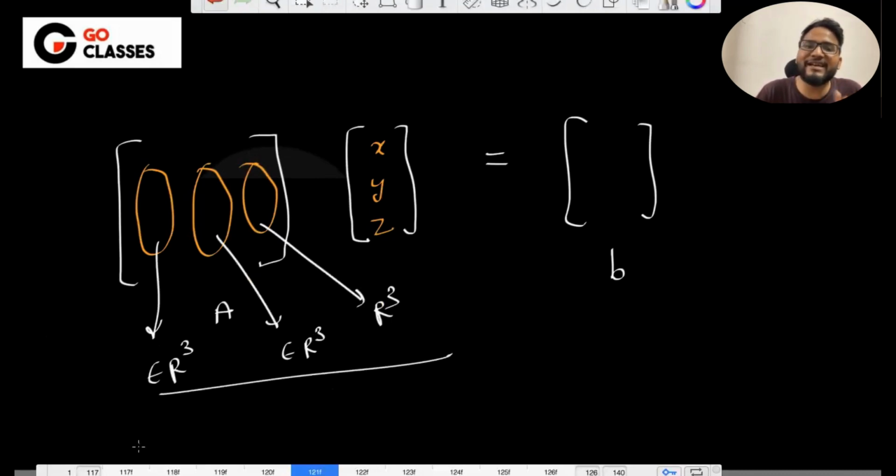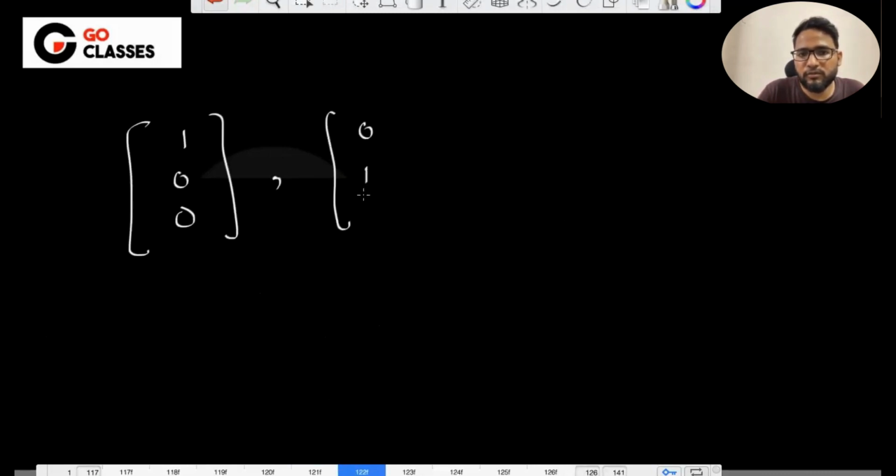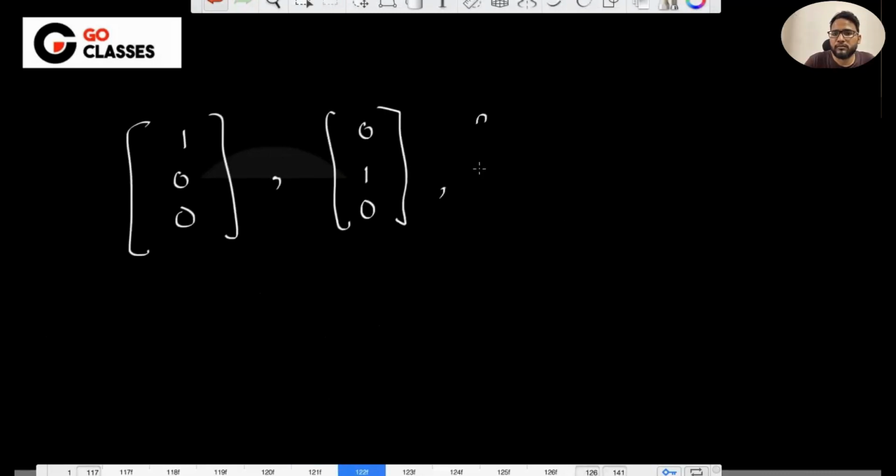Suppose there are three linearly independent vectors in R3. Then can this fill the space? Filling the space means can you get any B? See, suppose there are three linearly independent vectors in R3. Maybe this 1, 0, 0, 0, 1, 0, 0, 0, 1. Let's suppose these are three linearly independent vectors in R3.